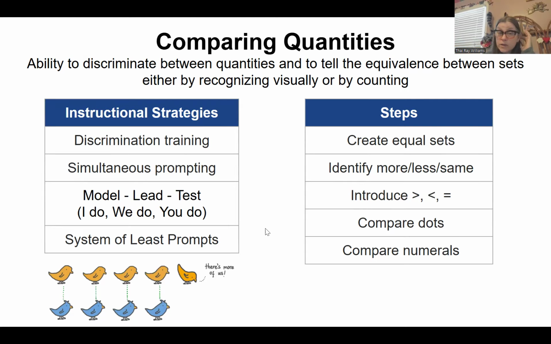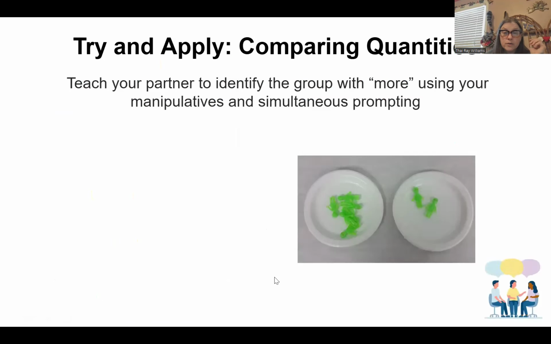And the way I always taught it was: orange bird, blue bird, orange bird, blue bird, orange bird, blue bird, orange bird, blue bird, orange bird. Oh no, that guy's up there by himself. So what does that mean? That means that this set has more. So that's just one way that you can work on that with your students.